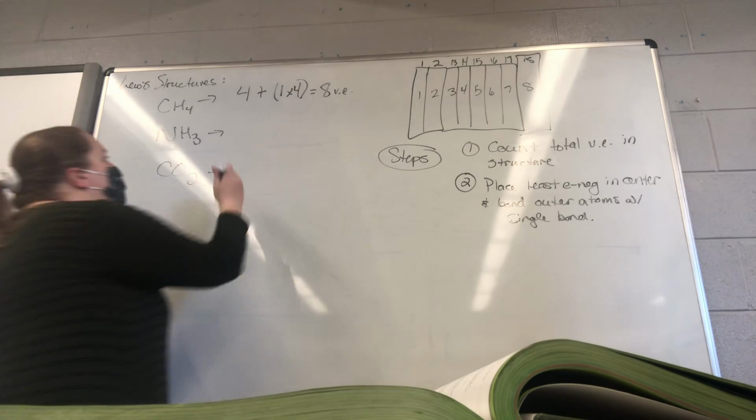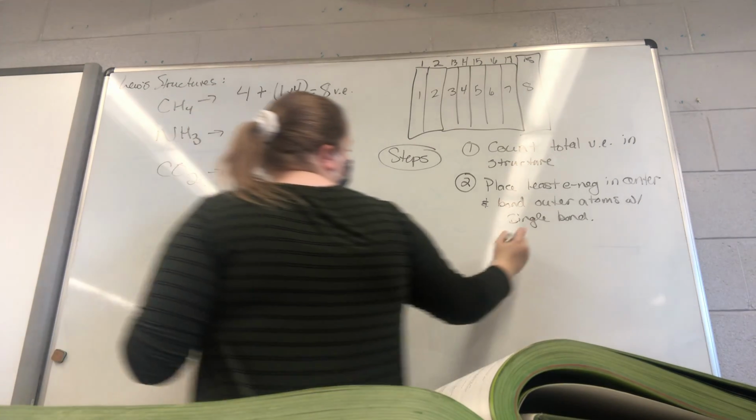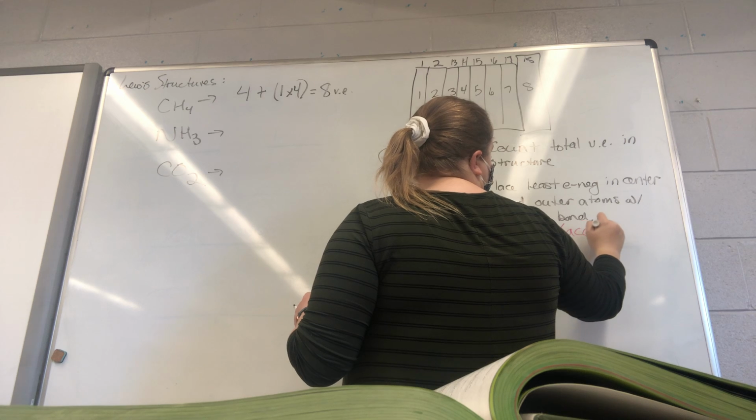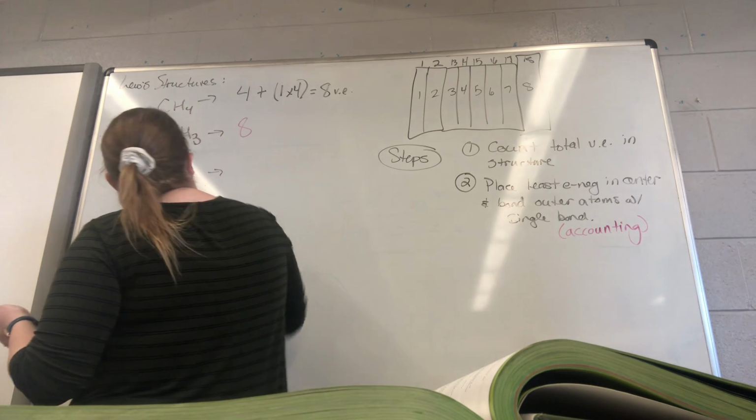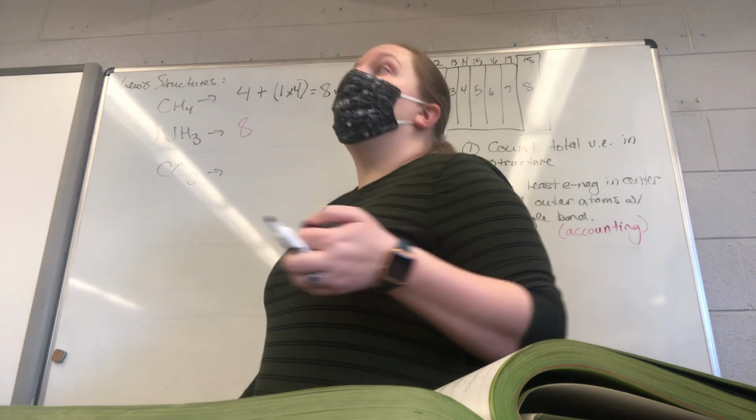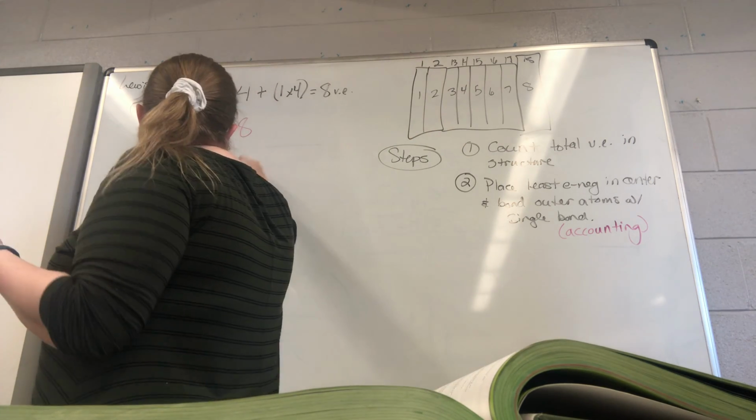How many should NH3 have? 8. Correct. How about CO2? So 12 plus 4, yep, 16.